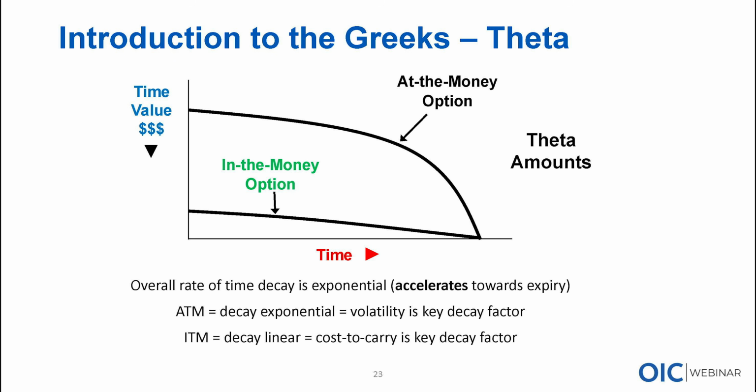So they're going to lose money quickly on a daily basis simply because of that time decay. Now, obviously, if the stock increases in value or if volatility increases or other factors affect the value of that option, it may offset the decline in the value of the option from theta, but it's definitely something to keep in mind.